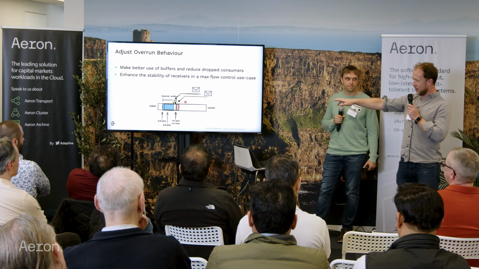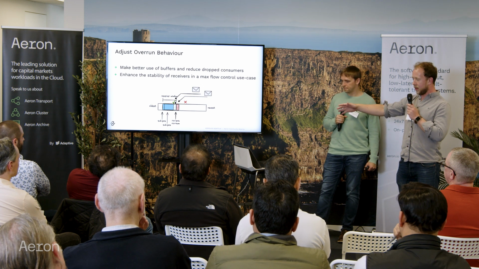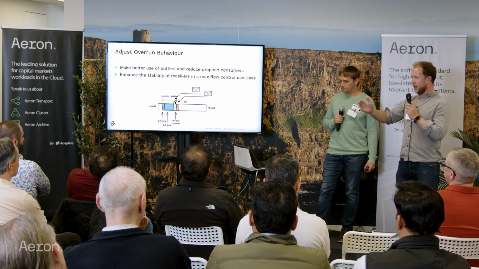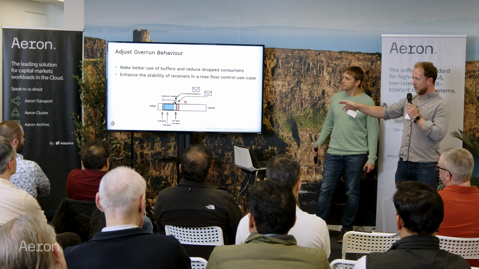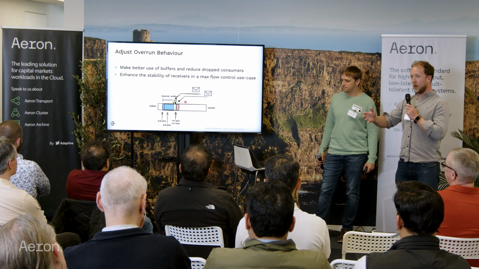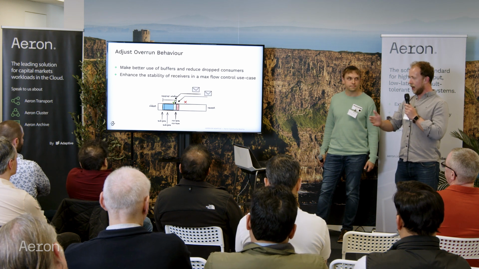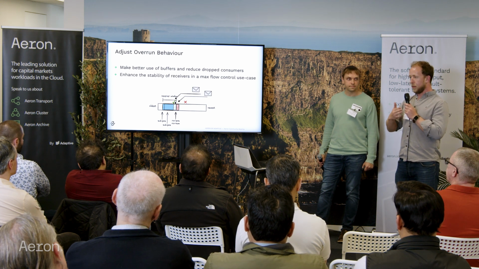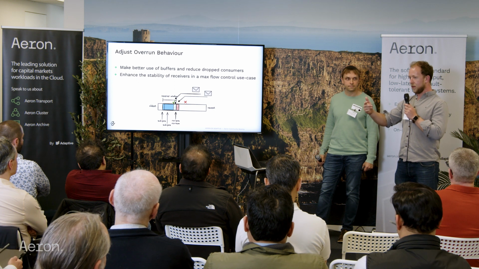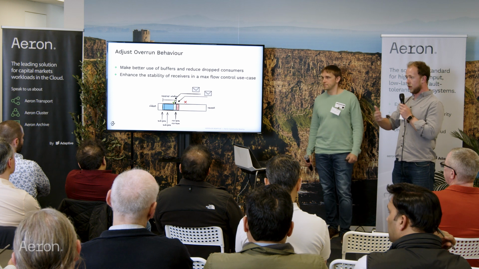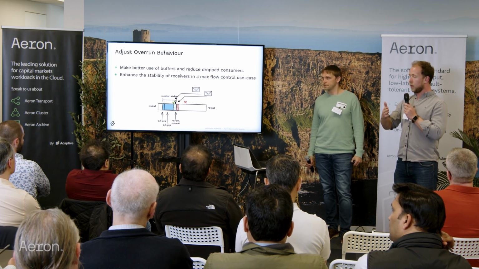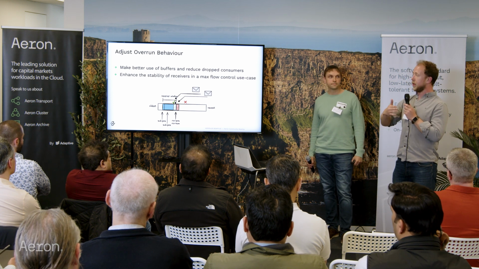You've got the receive position and receive high watermark that dictate where a stream has been received up to, where you've got data up to in your image. And then you've got sub positions that define where you've consumed up to. And on top of sub position, you apply the receiver window, and that goes back in your status messages to the publication to dictate the flow control window, and ultimately will bound the production side.